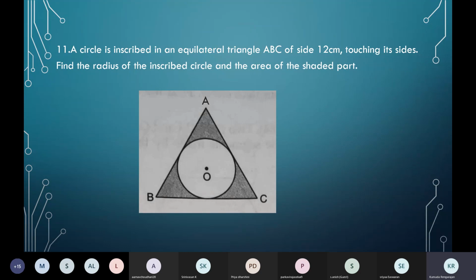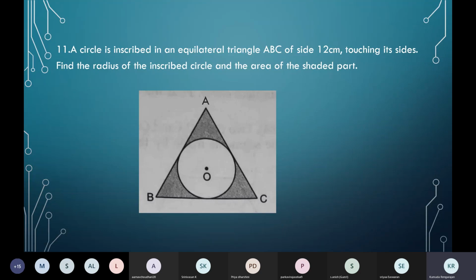We have two figures here, one triangle and the other circle. For the triangle, it's enough if we have the side, and we know the side of the equilateral triangle is 12 centimeters. You can find area, altitude, perimeter, anything using the side.